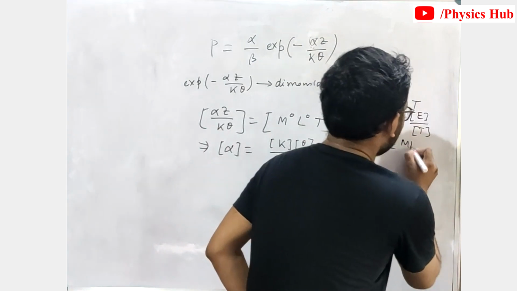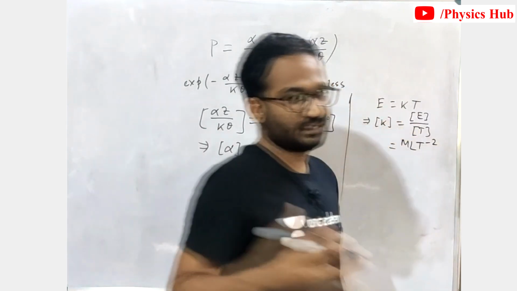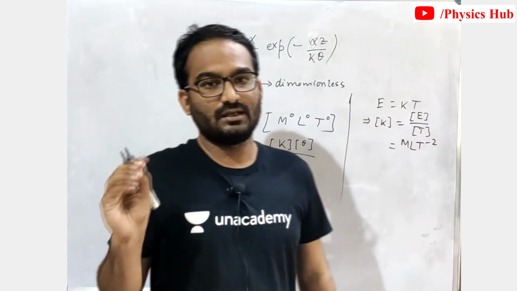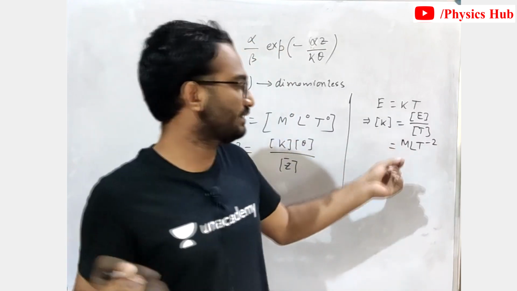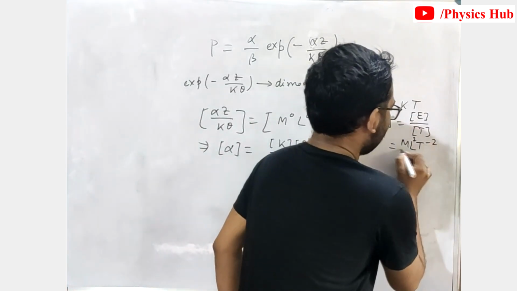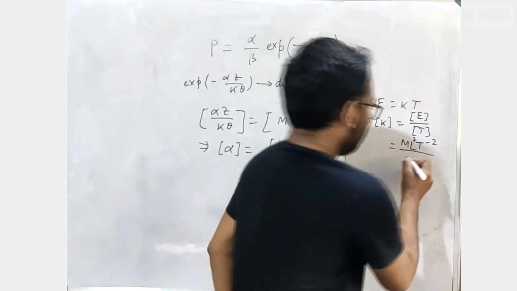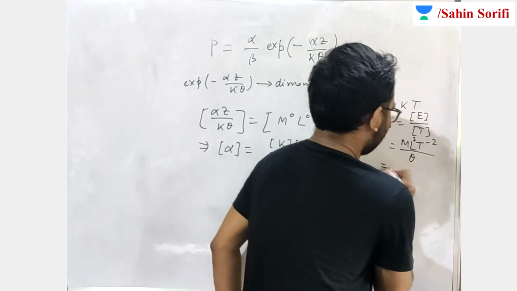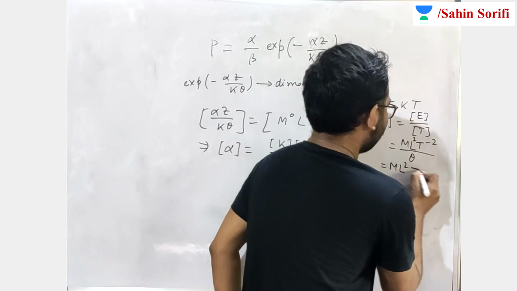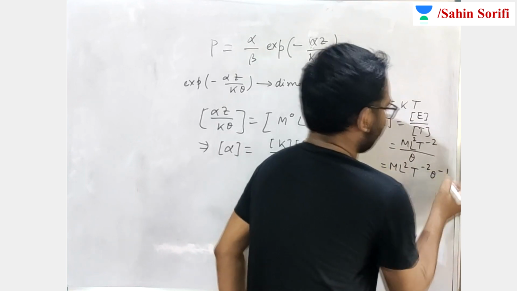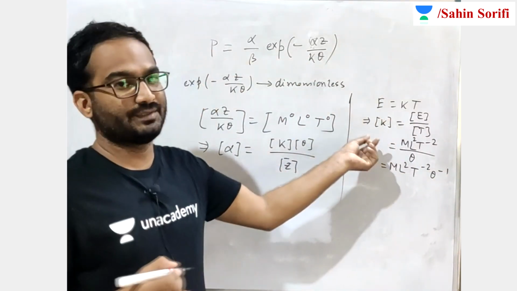So M L T to the power minus 2 is the dimension of force. If you multiply length with this dimension, it becomes M L square T to the power minus 2, divided by temperature. T is the temperature here, not time. The dimension of temperature is theta. So it becomes M L square T to the power minus 2 theta inverse. So you have got the dimension of k.